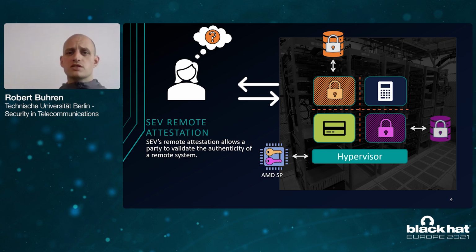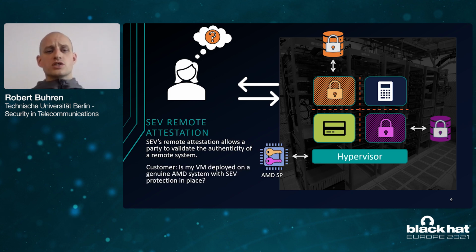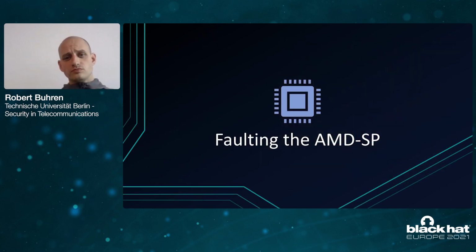It offers a remote attestation feature that allows a customer, for example, to verify that the virtual machine is deployed on a genuine AMD system with SEV protection in place. And all of this remote attestation protocol and the handling of the virtual machine's memory encryption is implemented by firmware running on the Secure Processor. So if you're interested in attacking SEV, the Secure Processor is an interesting target.